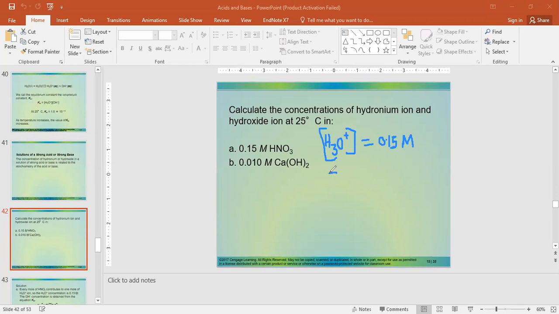Then the concentration of the hydroxyl ion is equal to 10 to the power minus 14 m squared, mole squared per liter squared, which is the same as molar squared, divided by 0.15 molar. Anybody wants to ask where I'm getting 0.15 molar from?